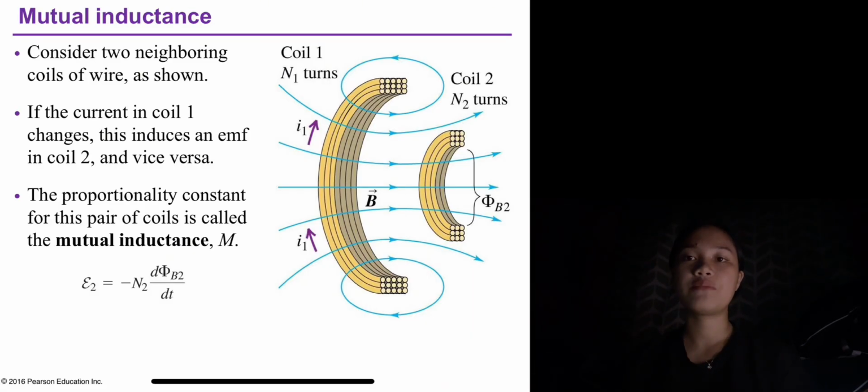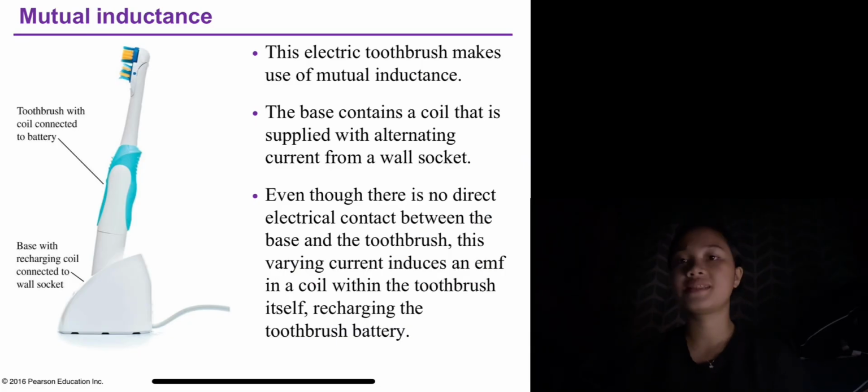Now, another familiar example of mutual inductance is the electric toothbrush. Inside the charging base is a coil that is connected to alternating current, and inside the toothbrush handle is another coil.